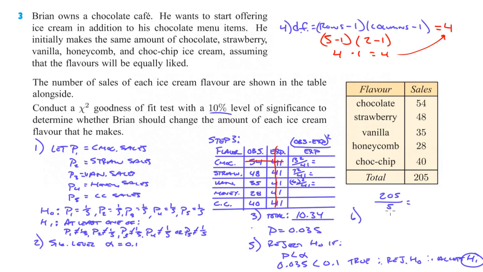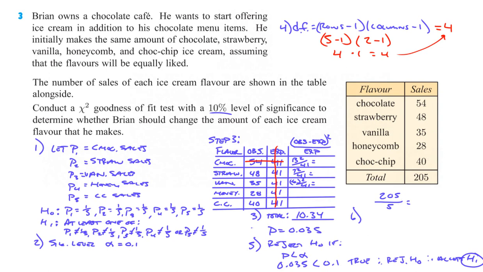So basically the proportions of each ice cream flavor sold are not all the same at a 10% significance level. So basically Brian should change the amounts of each ice cream flavor that he makes. Obviously a little bit less honeycomb, probably a little bit more chocolate and strawberry, and then probably the vanilla and chocolate chip are pretty okay.